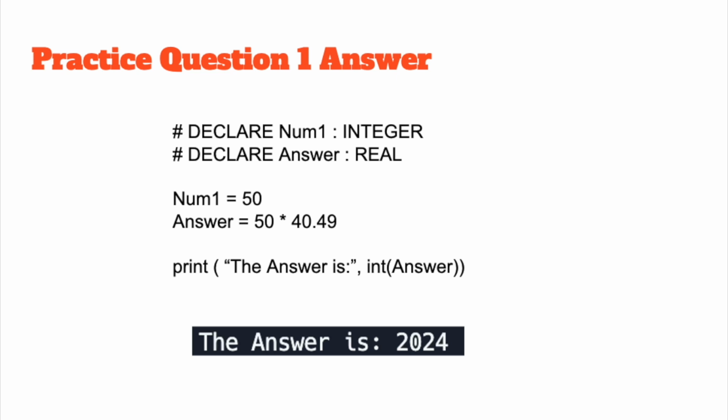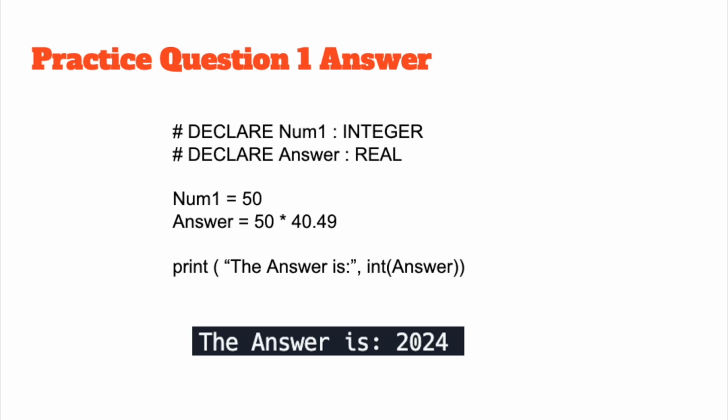Okay, hopefully you've solved that problem and you've got this type of code. Remember, there could be multiple ways of doing this, but this is the most common answer to that question. You're declaring num1 as integer, you're declaring answer as real, and then num1 is assigned the value 50, answer is assigned the value of 50 times 40.49, that's why it's real.